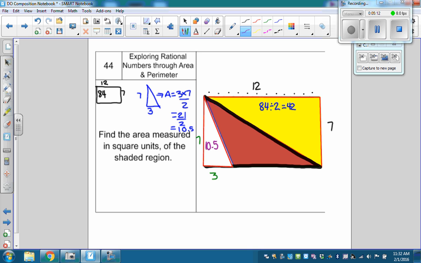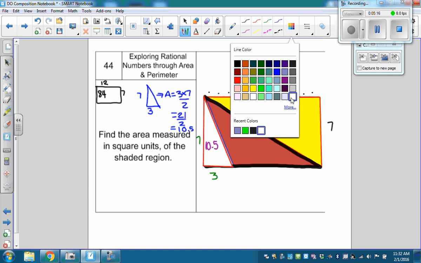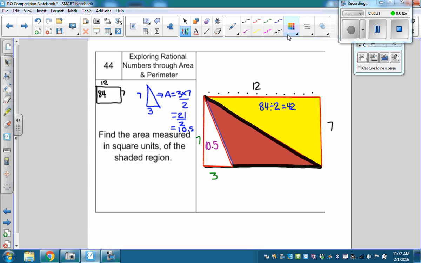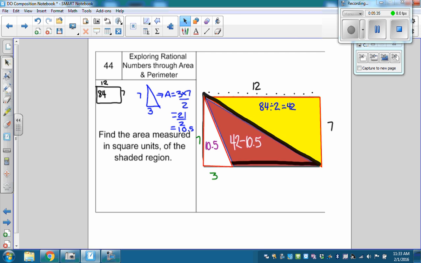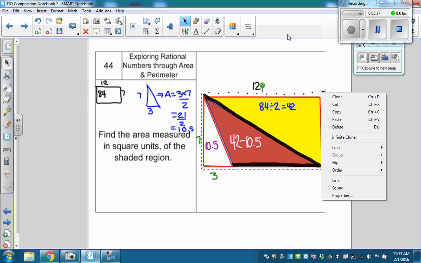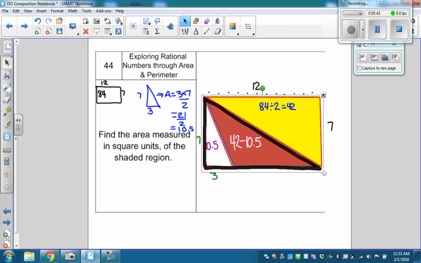So to find the area of the red triangle, I know it's less than 42 because the black triangle is 42. So I'm going to take 42 and subtract out the 10.5, because this part right here is 42. I might have said 45 by accident.